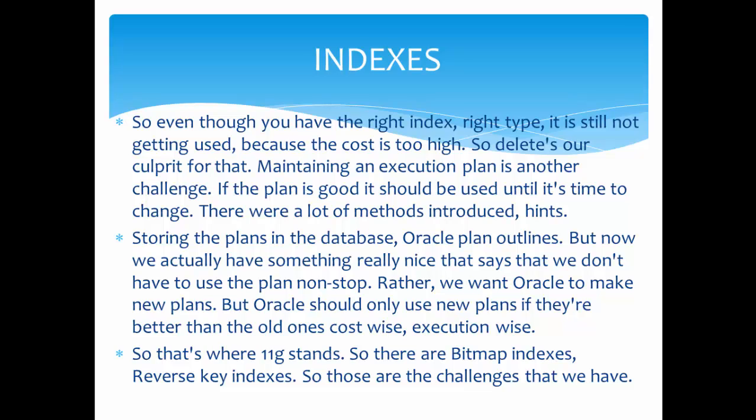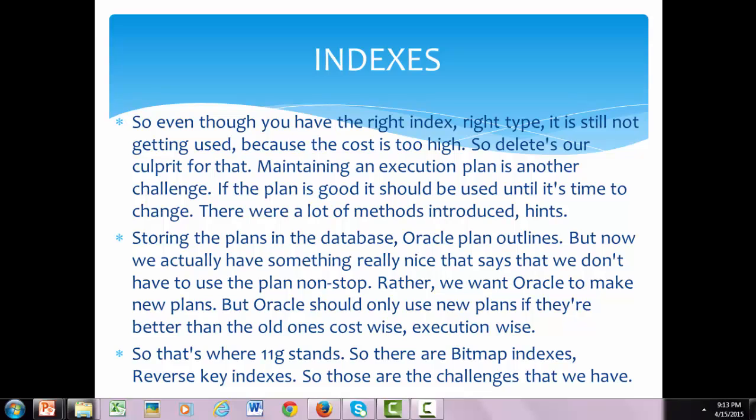Maintaining an execution plan is another challenge. If the plan is good, it should be used until it's time to change. There were a lot of methods introduced, hints, storing the plans in the database, Oracle plan outlines, but now we actually have something really nice that says we don't have to use the plan non-stop.